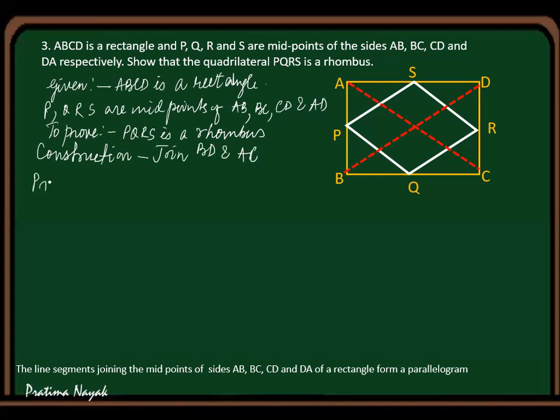Proof. First, ABCD is a rectangle, so the two diagonals are equal. Here I will write that diagonal BD is equal to AC, because ABCD is a rectangle.